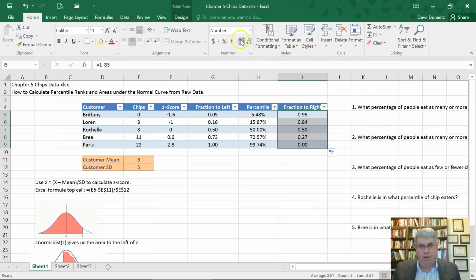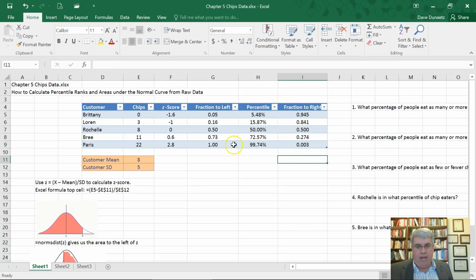Now I might need a few more decimal points to be able to see something so it's not all zeros there. And so that gives us the fraction to the right of the distribution, the area to the right of our z-score.